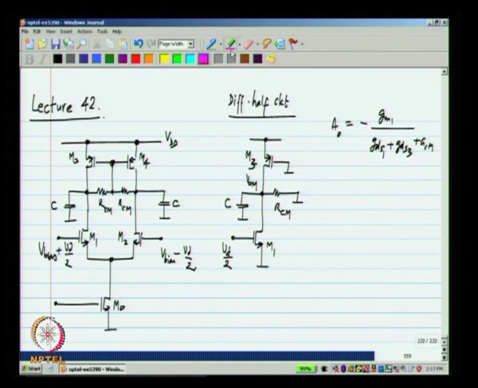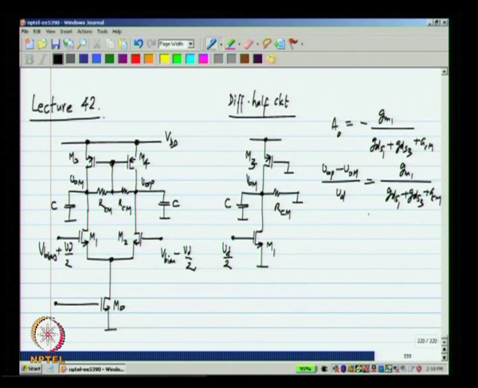Now when you have the full circuit, at this voltage you will get minus of Vom with a fully differential excitation, and the gain remains the same, that is, the gain (Vop minus Vom) divided by Vd will be equal to Gm1 by (Gds1 plus Gds3 plus Gcm).